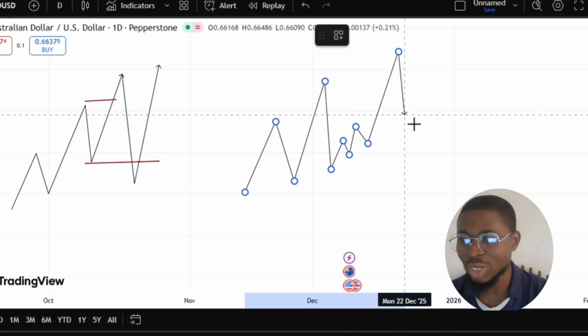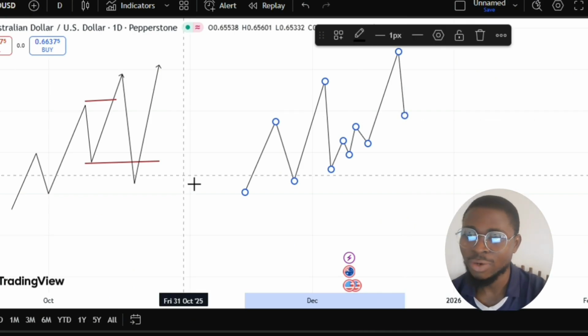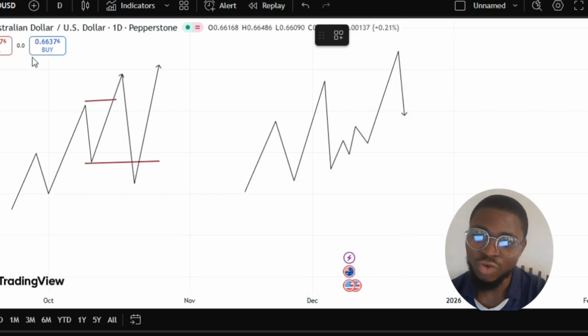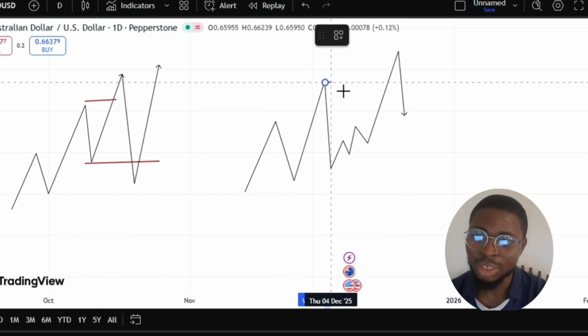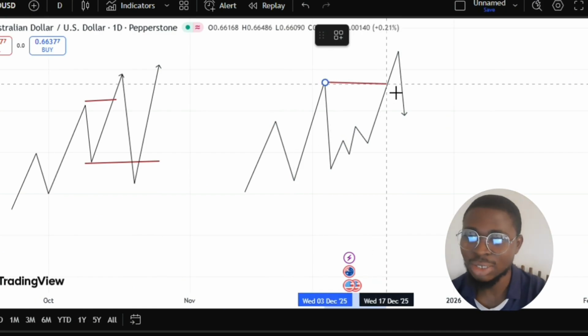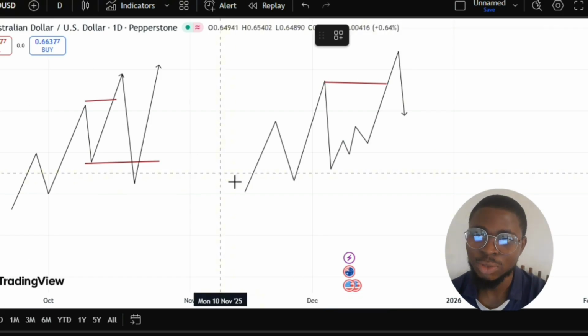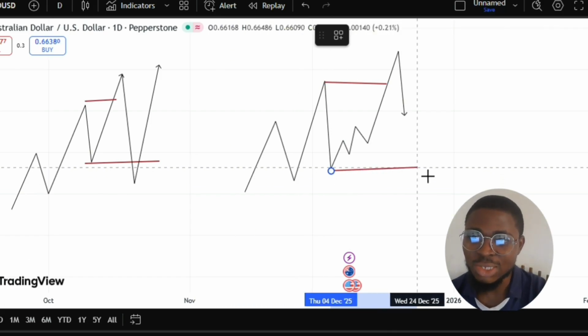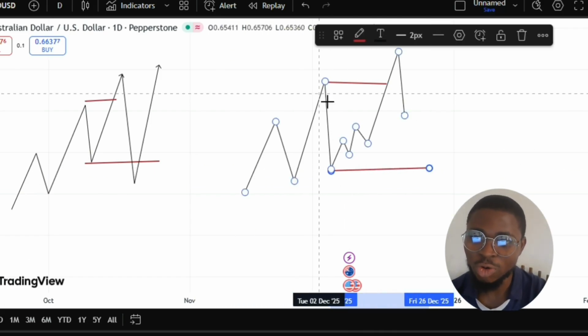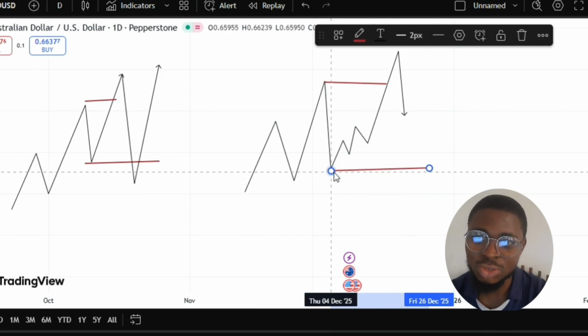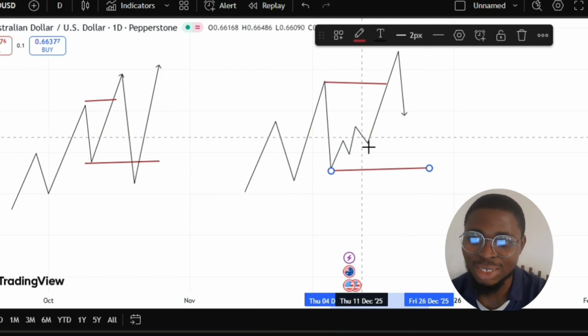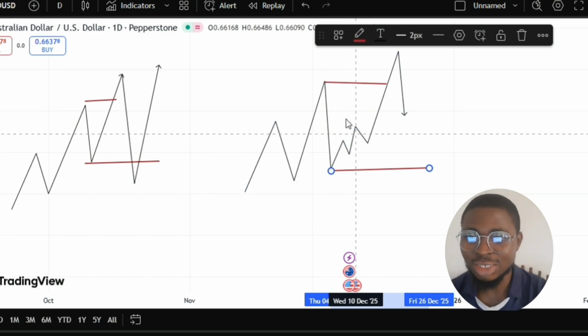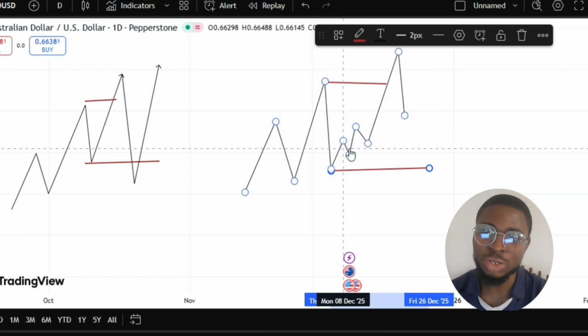Now before you take this trade, let's mark out our structures. Right now, this is an external range structure, and this is the swing low. Within this external range structure and the swing low, you can see that there is a little structural move within the structural range. This is called the internal range structure.